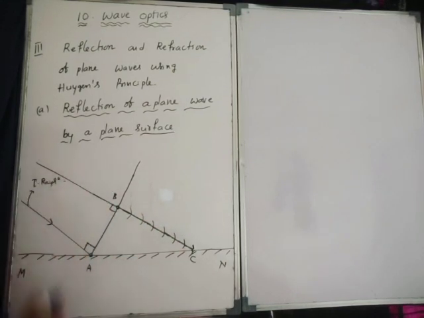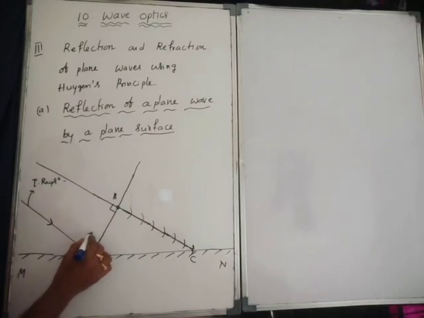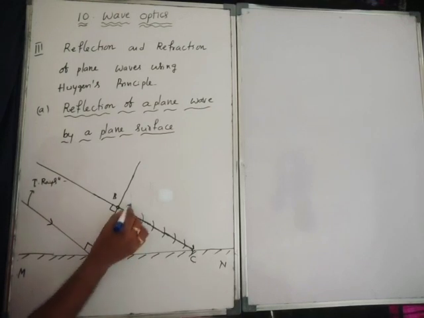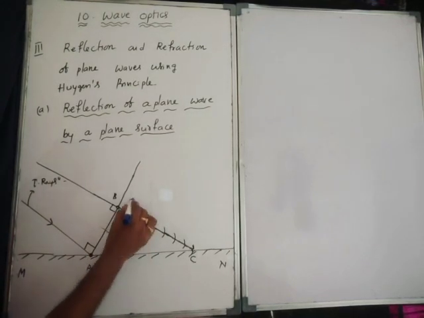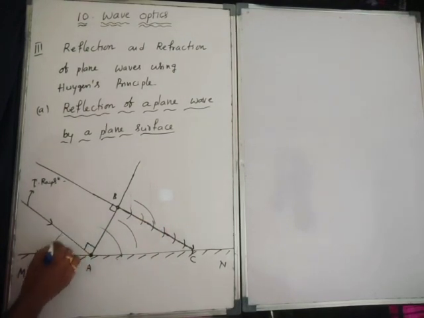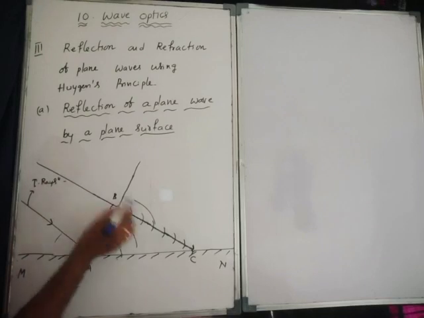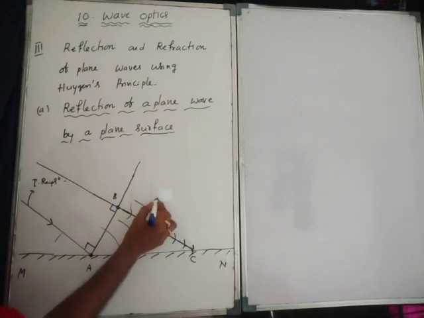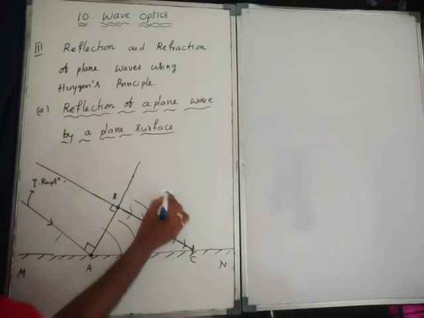Similarly, with respect to A, I will consider the wavelets in this manner. Only a hemisphere can form, in this direction itself.